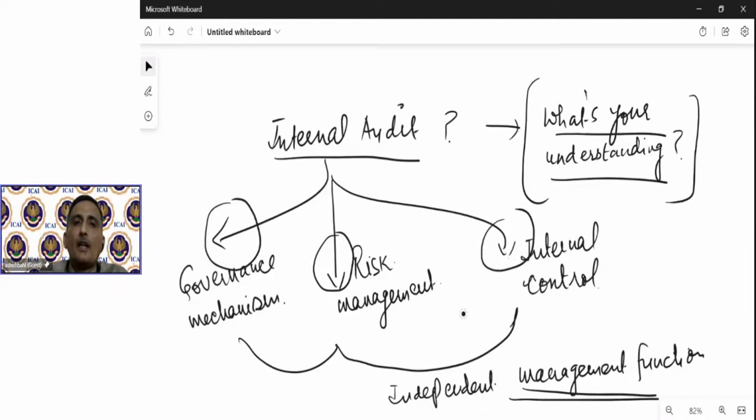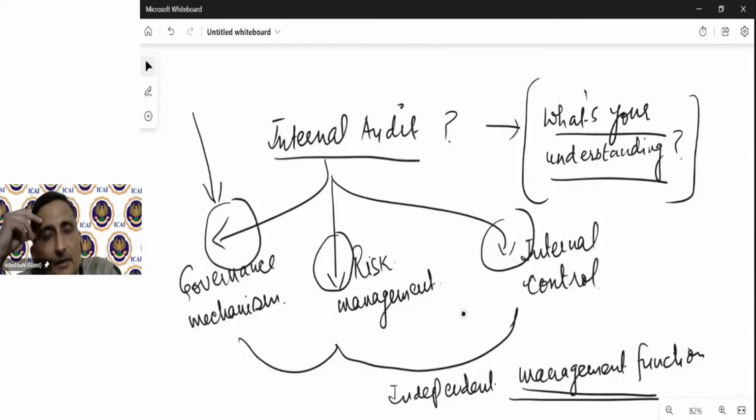So it strengthens the governance mechanism. What is governance mechanism, guys? Tell me how a company is run. So internal audit, number one, strengthens all those systems. It makes for better governance of the company.